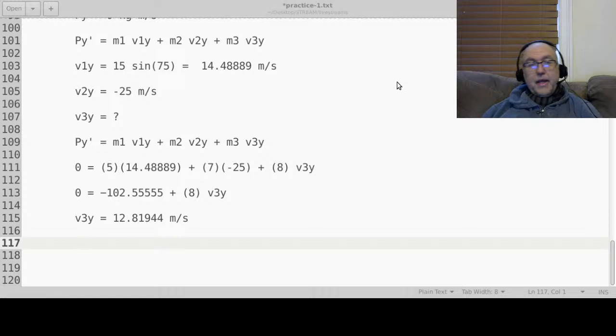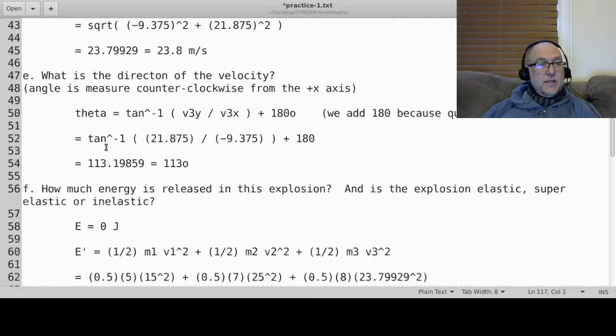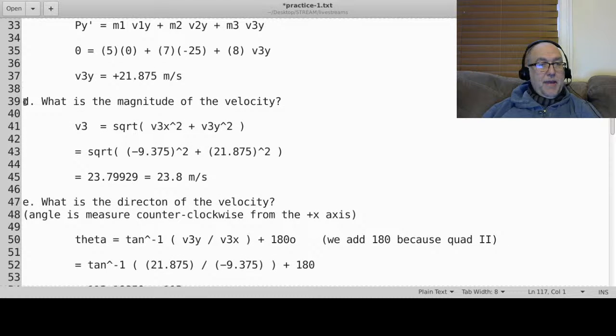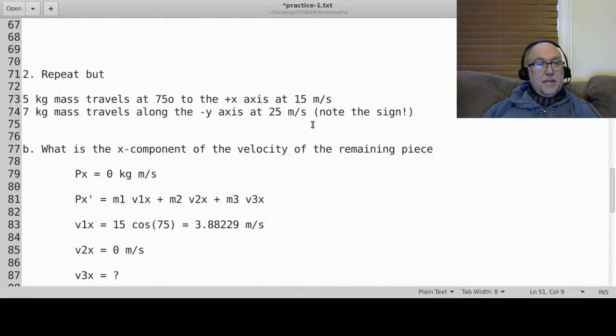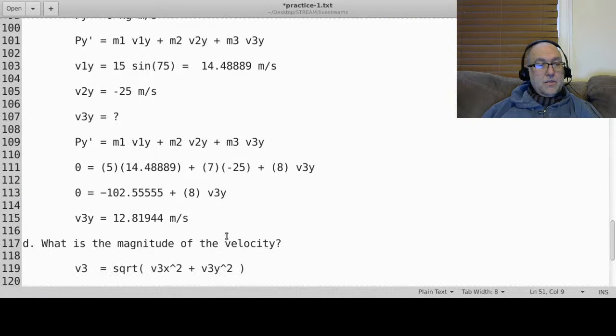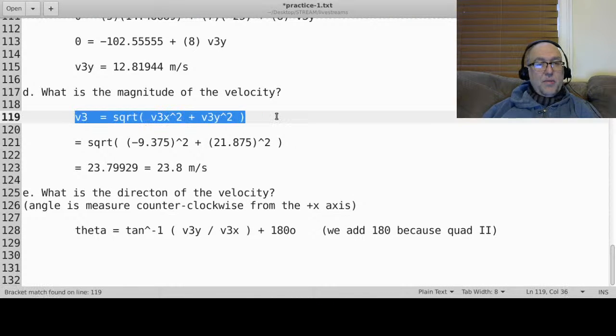All right, let me just do the next part, which was what's the magnitude and direction. Let me just copy down to here. So what's the magnitude? This formula is still correct. It's still the Pythagorean theorem, square root of v3x squared plus v3y squared.